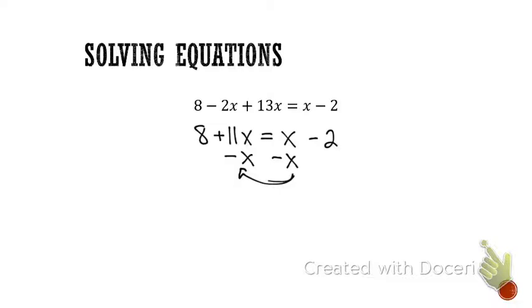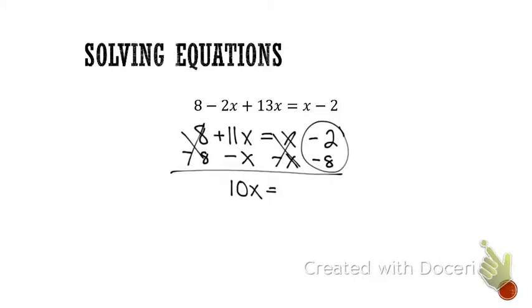Well, if I'm moving my x's to the left side, that means I need to move my numbers to the right side. Okay, so I would subtract 8 over to the right side. That cancels these. 11 minus 1 is 10x equals, what's negative 2 minus 8? Negative 10. So I divide both sides by 10, and x equals negative 1.